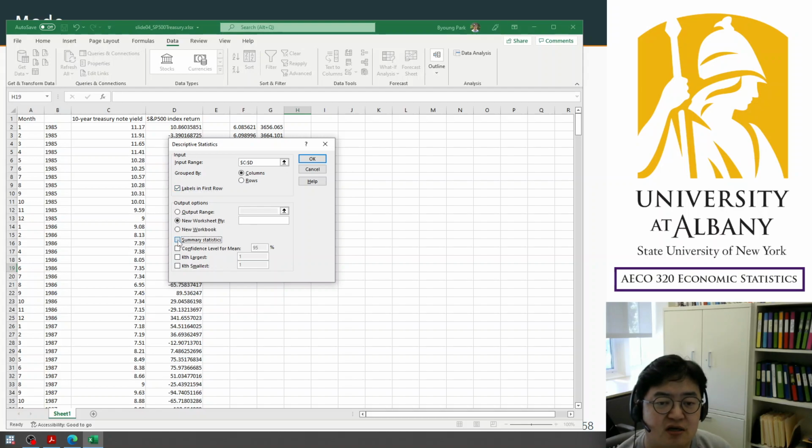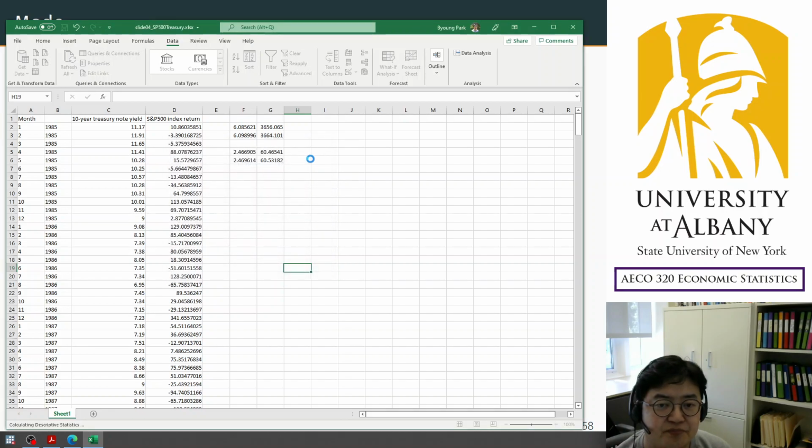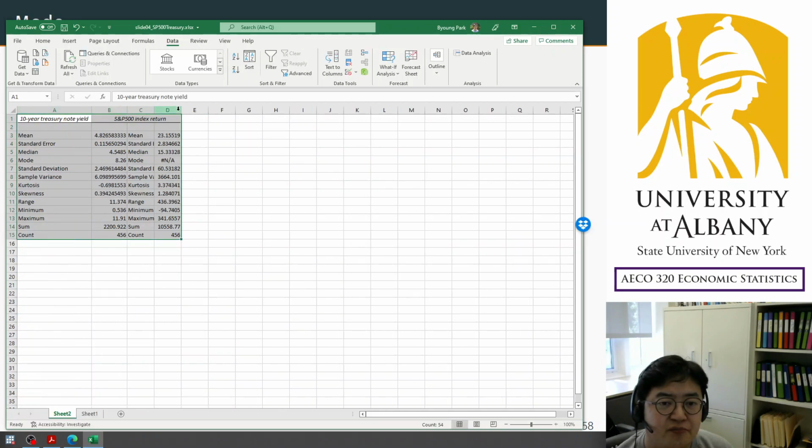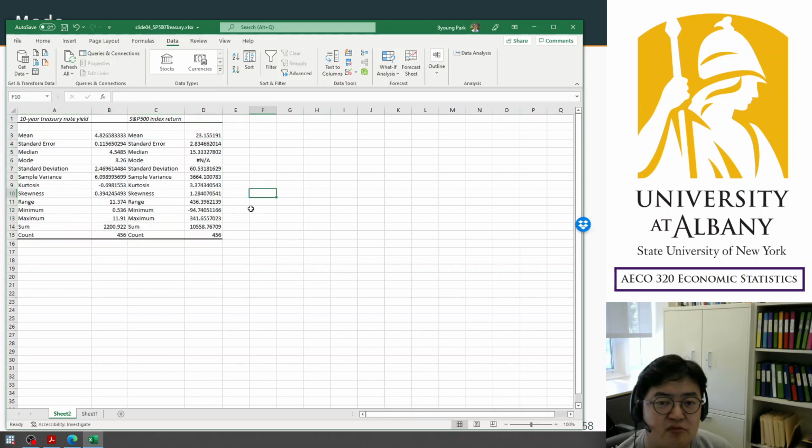I will check summary statistics here. I'm going to summarize the data by clicking this, and if you click OK, it takes time. You get a new table. This new table shows many summary measures.